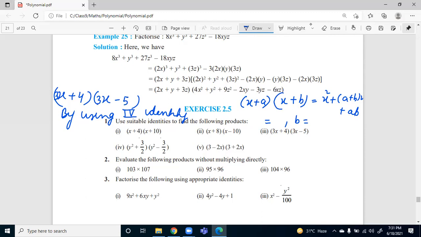So which identity have you identified? The fourth one. You are correct. So again, we need to use the fourth identity.